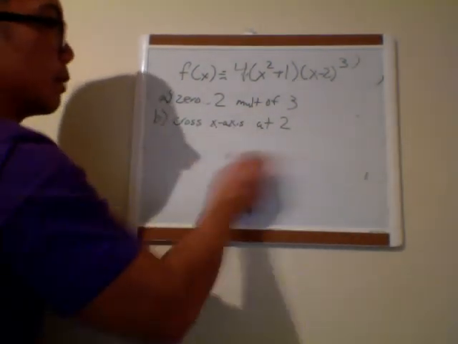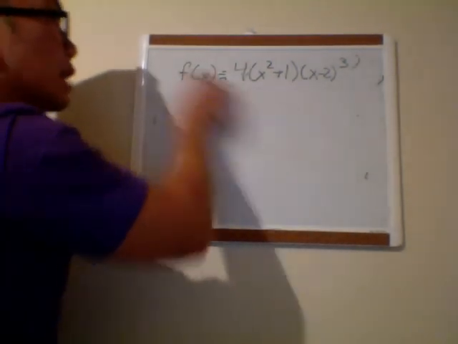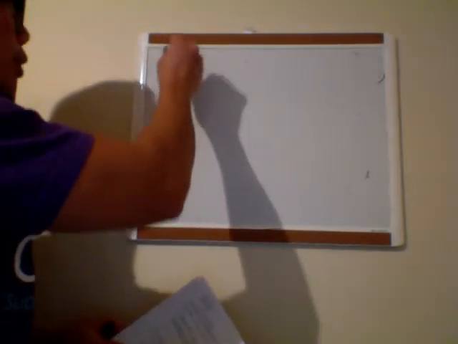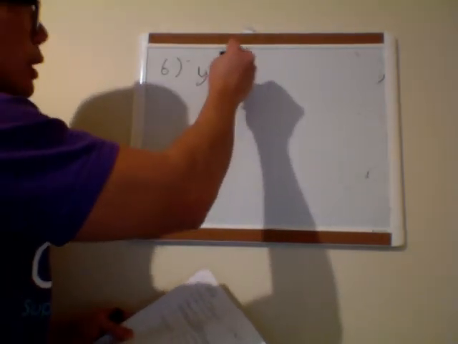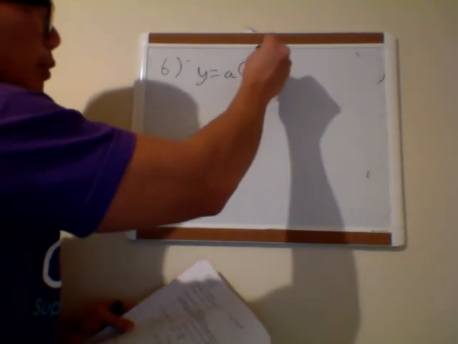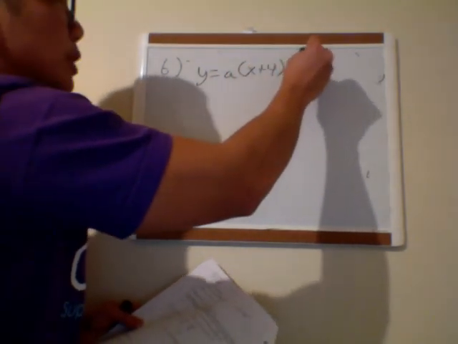Okay, now, number 6. 6 is actually just like 1 and 2, except we do it from a graph. If you look at 6, I have zeros at -4, -1, and 3. So for number 6, your polynomial should be y is equal to a, x plus 4, x plus 1.